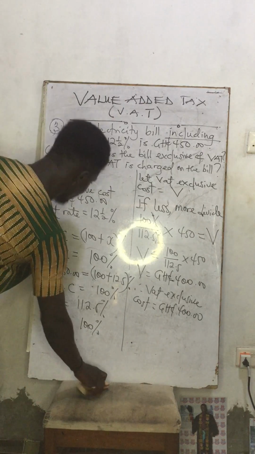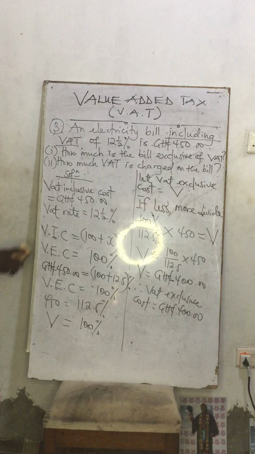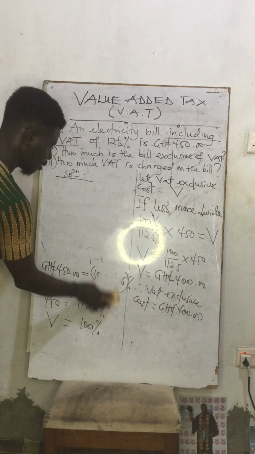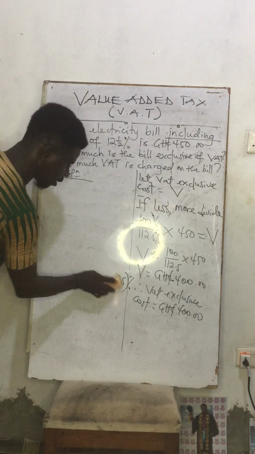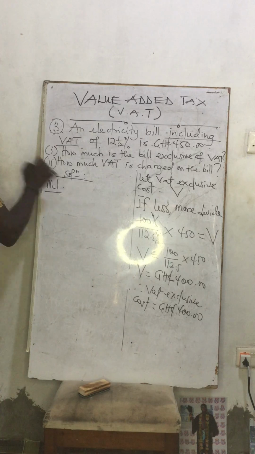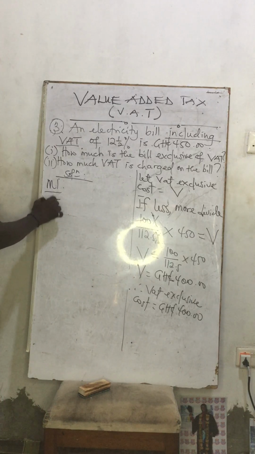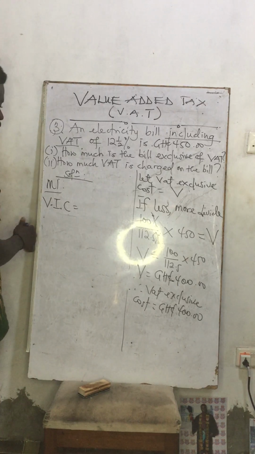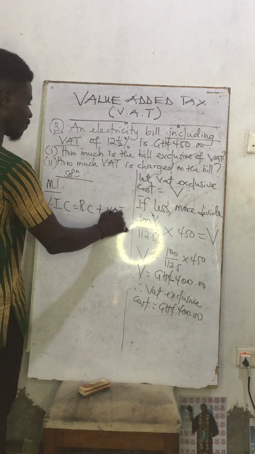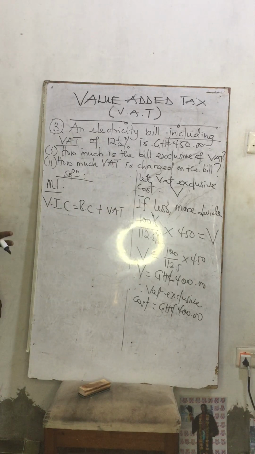So now let's see the two approaches. Method 1: the VAT inclusive cost is equal to the basic cost plus the VAT.